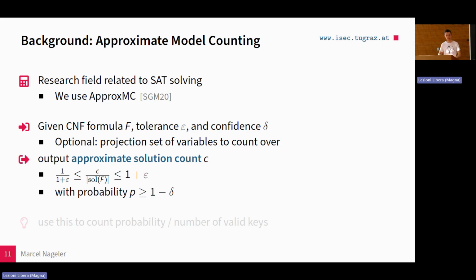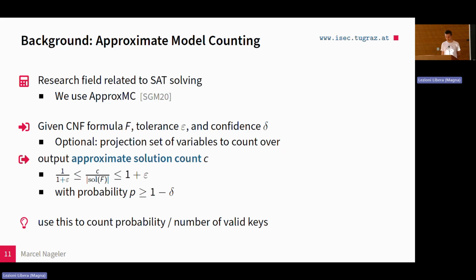And actually, in our experiments, at least, we noted that this probability of 1 minus delta is like a lower bound, and in practice, the answers seem to be correct much more often, essentially all the time, for at least our cryptographic examples.